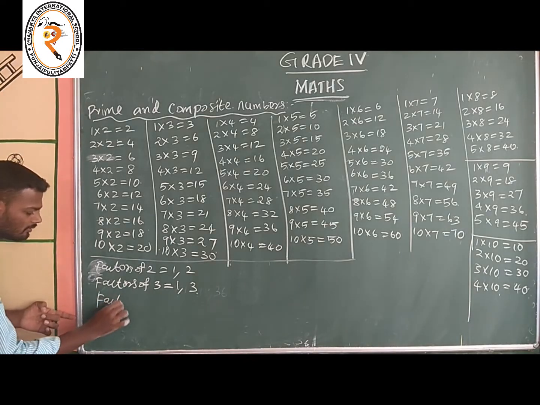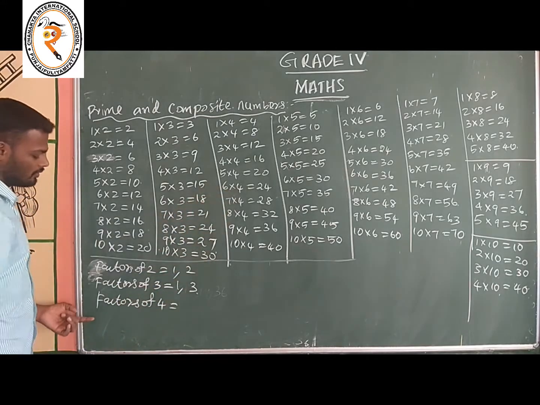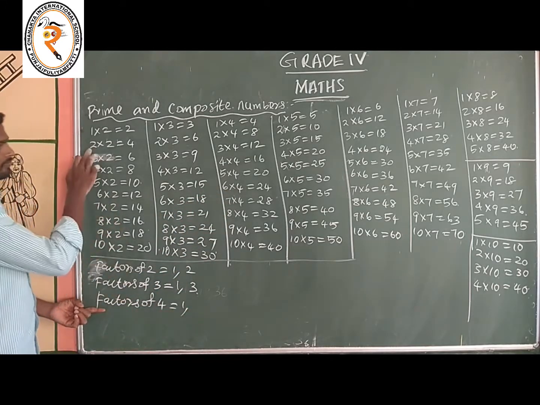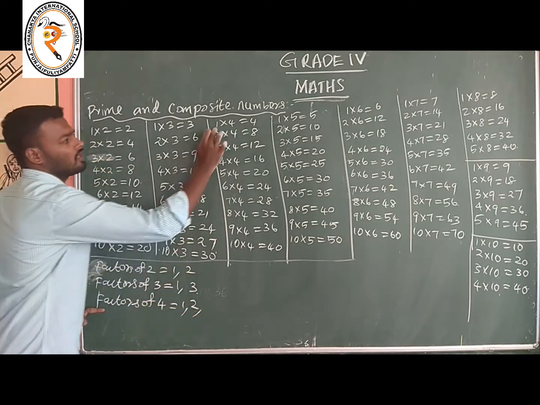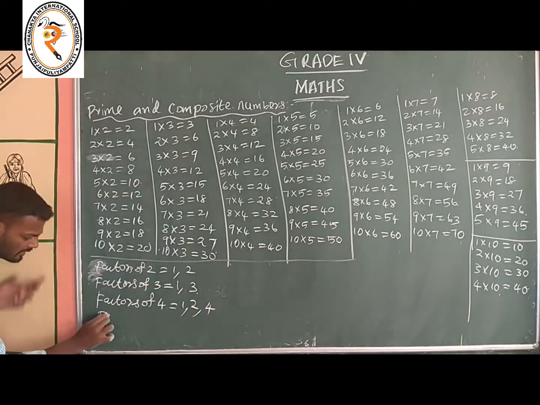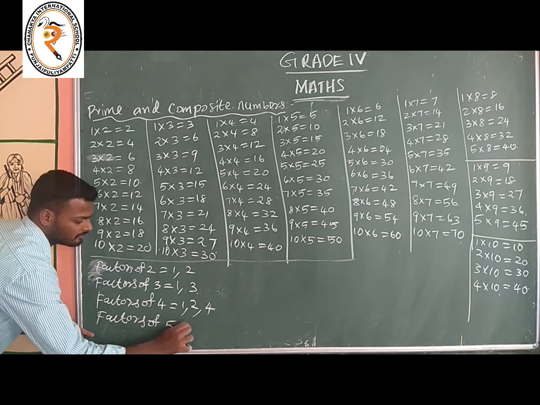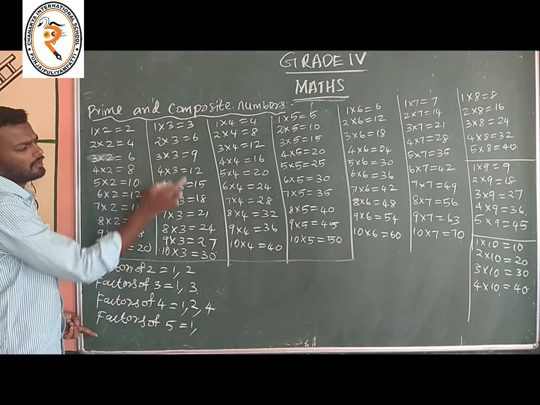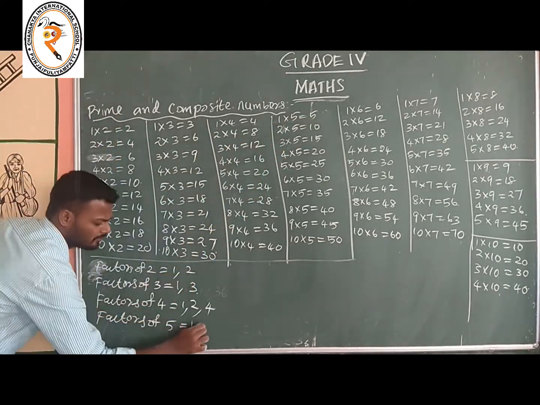Next, factors of 4. 4 comes in the first table, second table, and fourth table. Factors of 5: 5 comes in the first table and the fifth table.